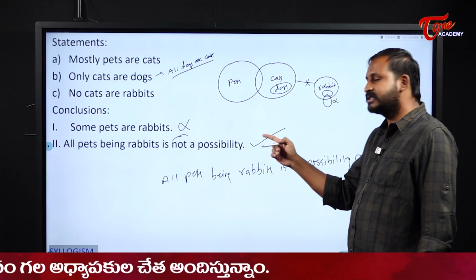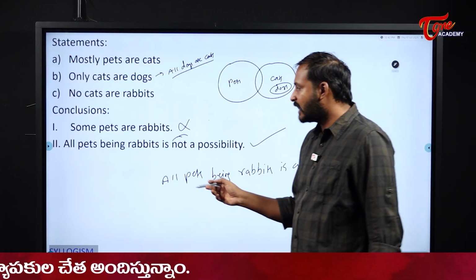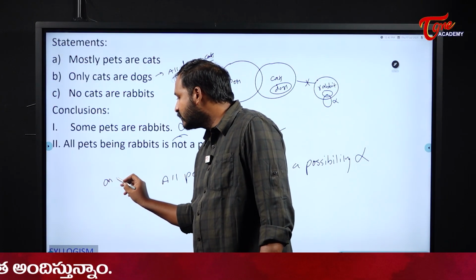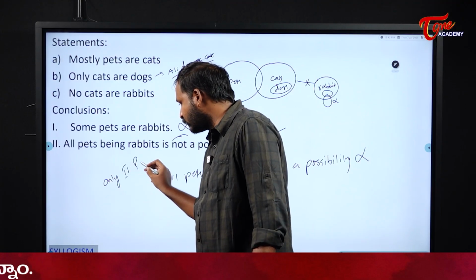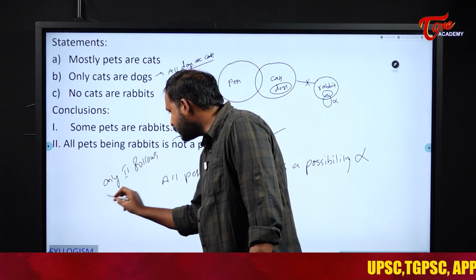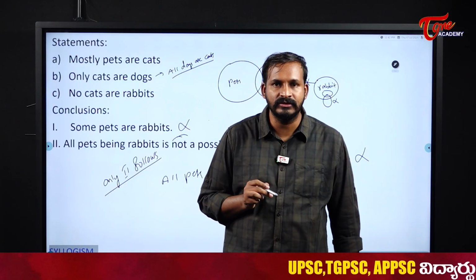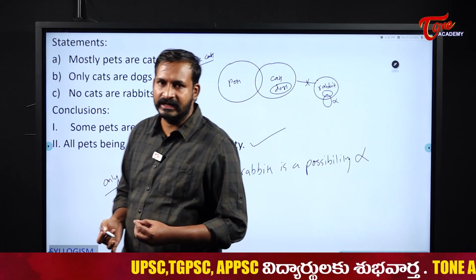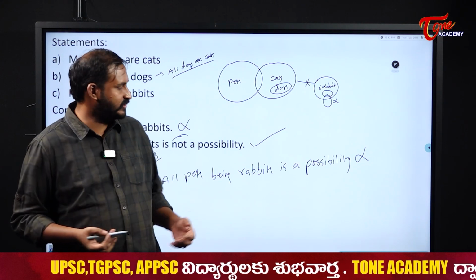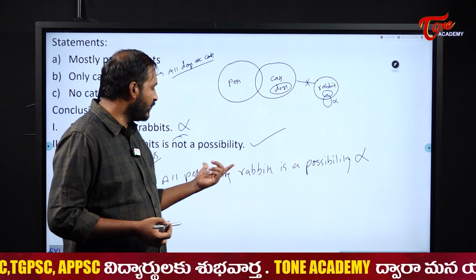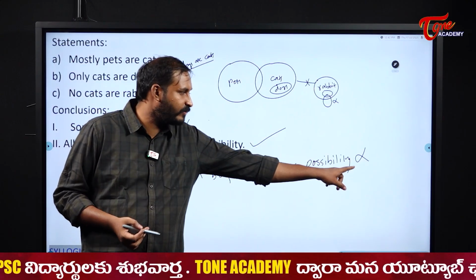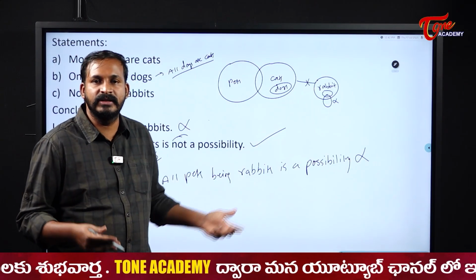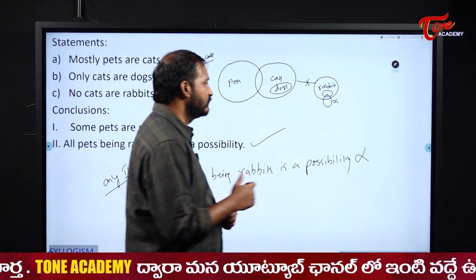If this is false, then this is true, right? So our answer here becomes only 2 follows. Understood? This is how sometimes instead of finding it directly, we find it using the negation also. I found that is a possibility is false, so not a possibility becomes true. Very simple.